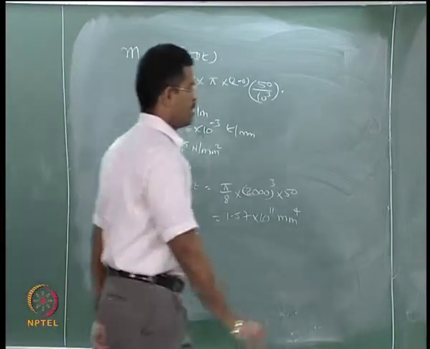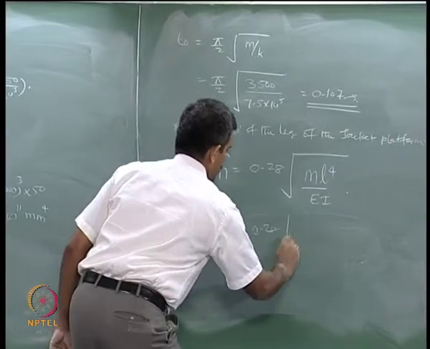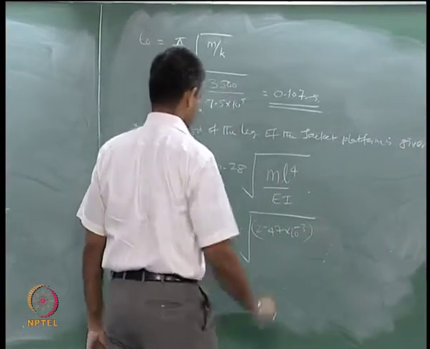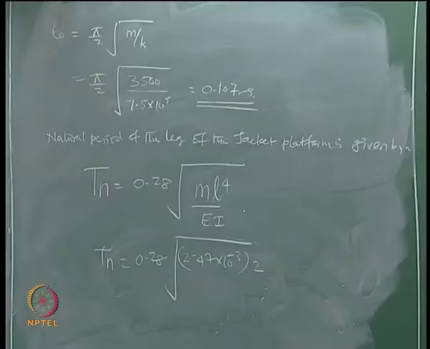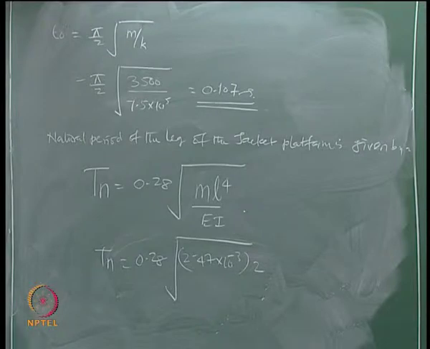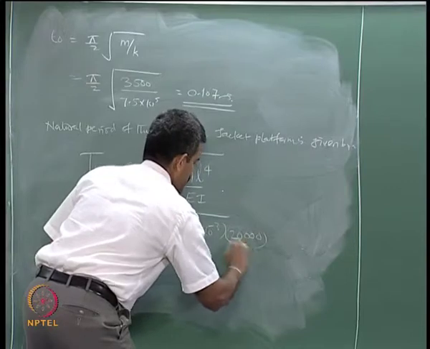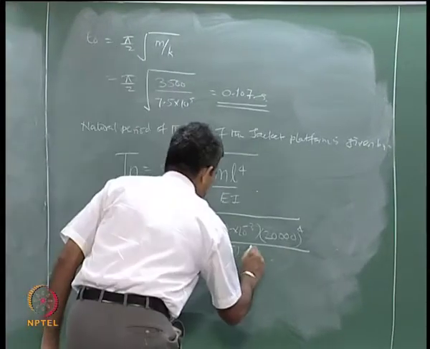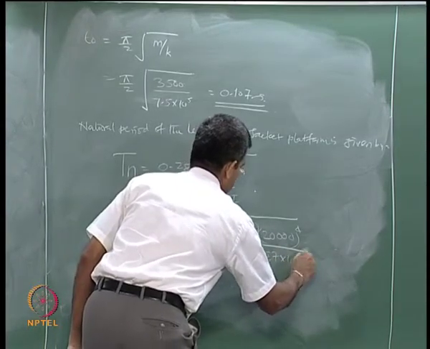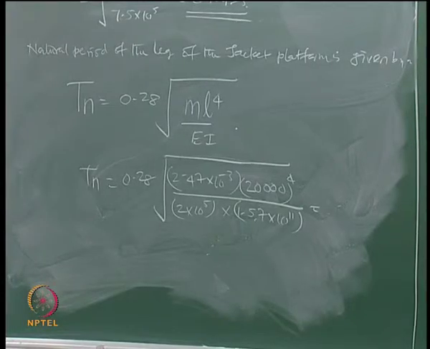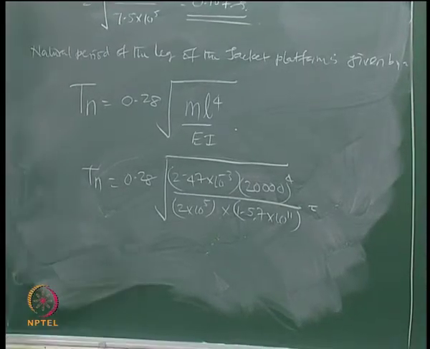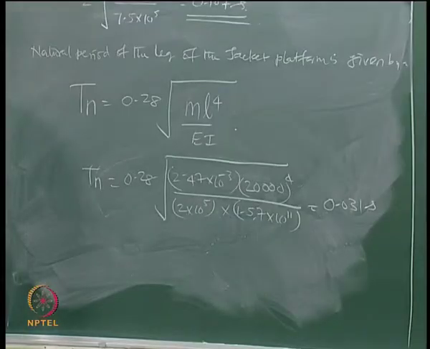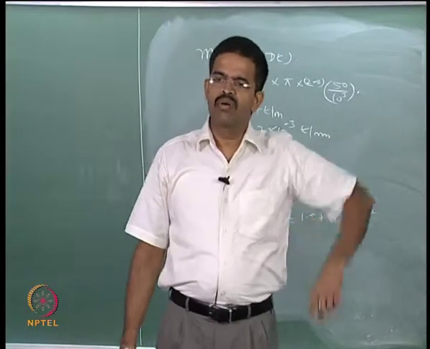So, substitute back and find out Tn as 0.28 of root of 2.47 into 10 power minus 3 into 20,000 power 4, that is L in millimeters, divided by 2 into 10 power 5 into I, 1.57 into 10 power 11, which gives me 0.031 seconds, because jacket structures are very stiff structures, periods will be very low, okay.